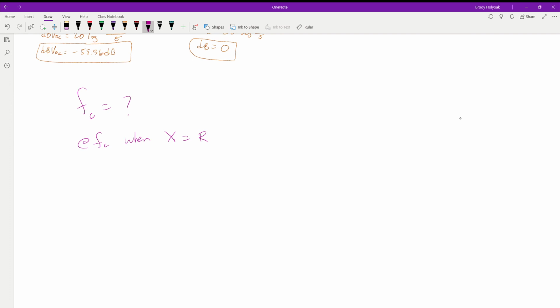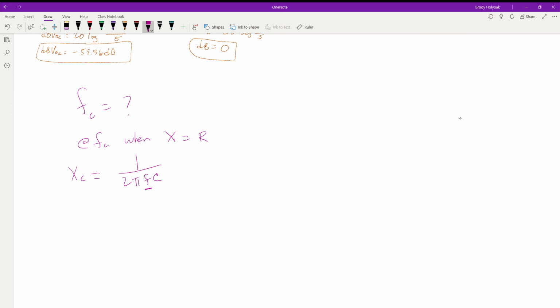So if we come back and we look at our reactive capacitance formula, what we want to know is, we would know what the X value is because we have a resistor, so we can solve for it. What we don't know is what frequency this is at. So now we can manipulate this formula. We're going to multiply both sides by our F, our frequency, and divide both sides by our capacitive reactance.